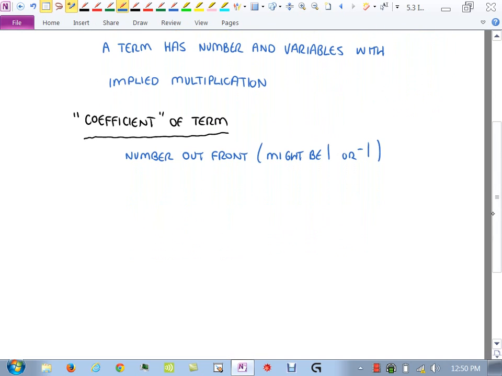So I'm going to give you another example. And you tell me these two things. Is it a term? If it is, what's its coefficient? Is that a term? Yes. And what's the coefficient of this? 5, right? If I have this one right here, -2x, that's a term?